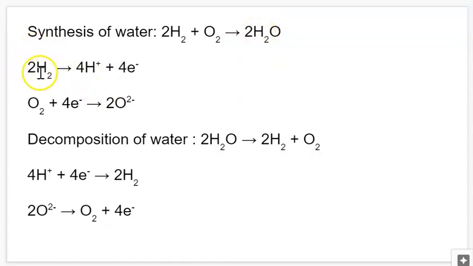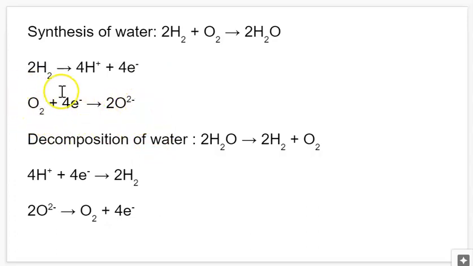And since we have 4 total hydrogen atoms that are starting neutral and becoming positive, each of those is losing 1 electron. So we have a loss of 4 electrons overall, which means that hydrogen in this case is being oxidized.